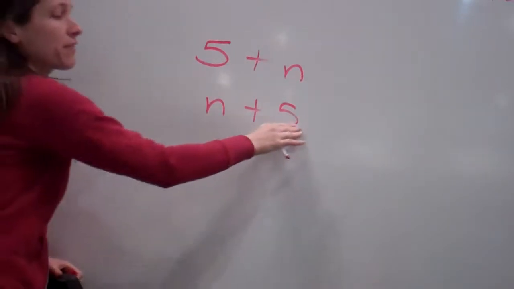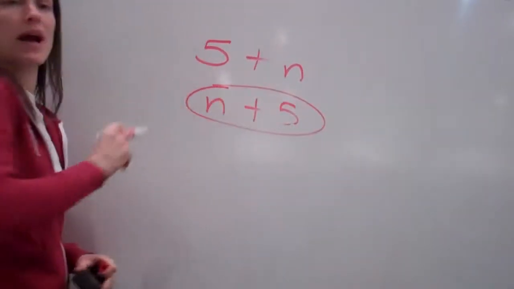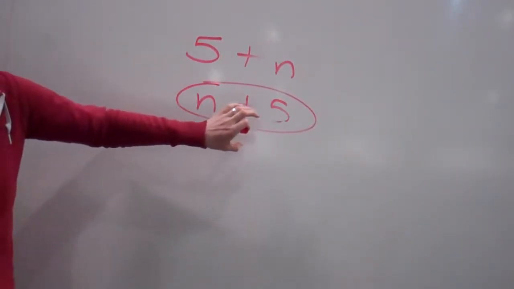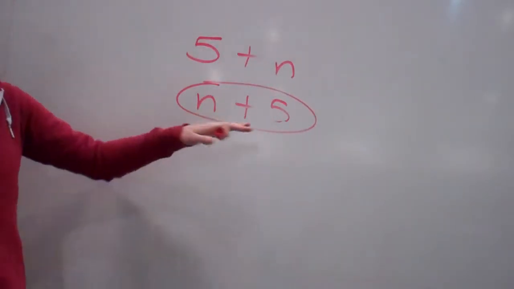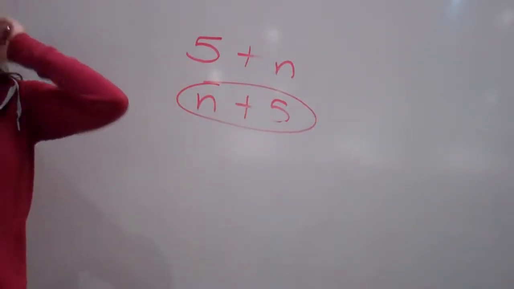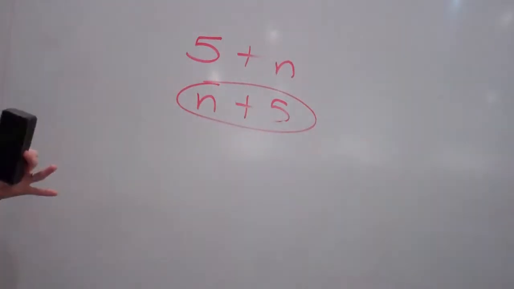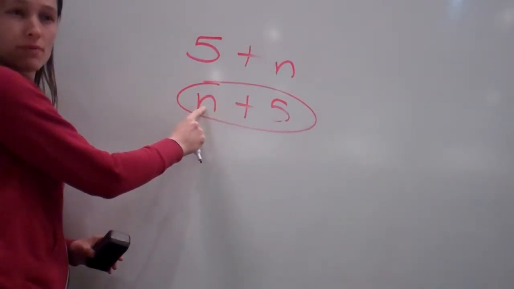It's not as important that you know the exact way to write it right now, but these are going to get harder, and you're going to need to know that information.